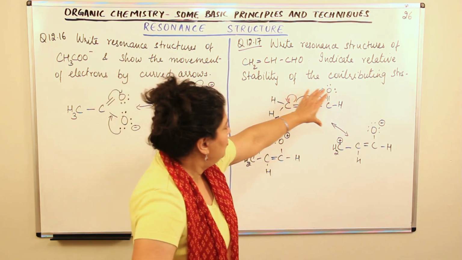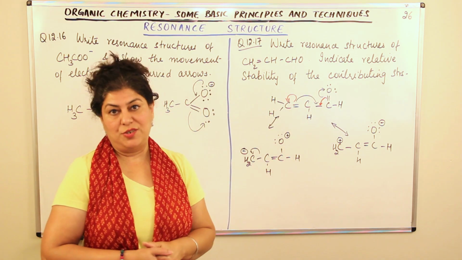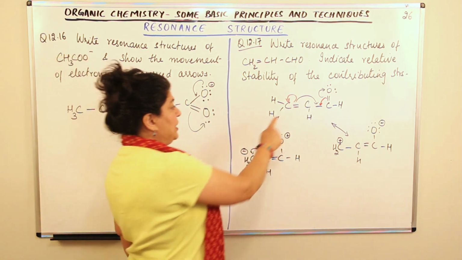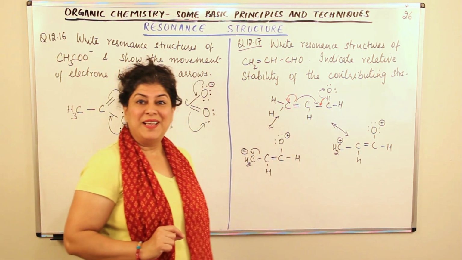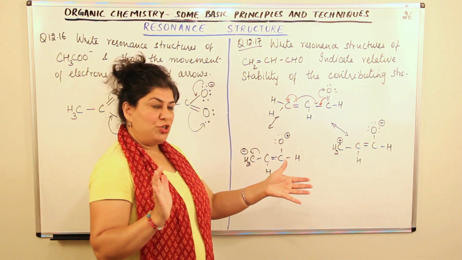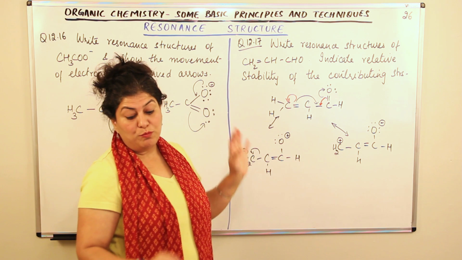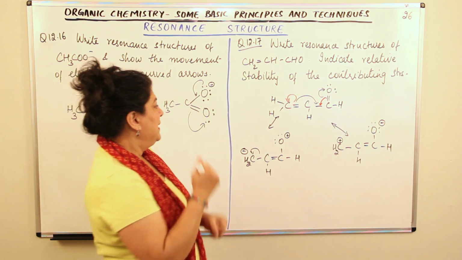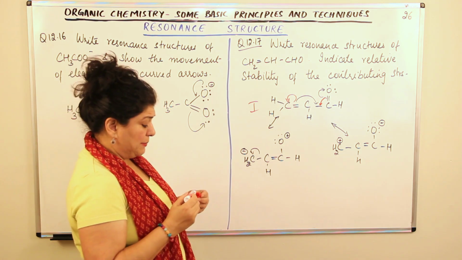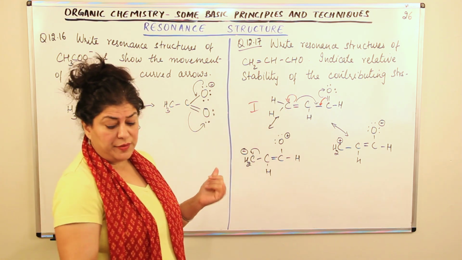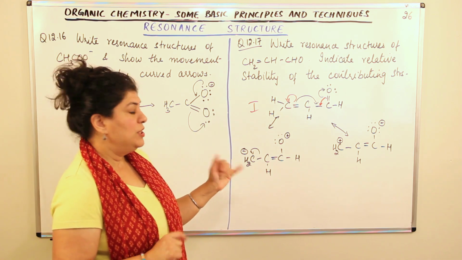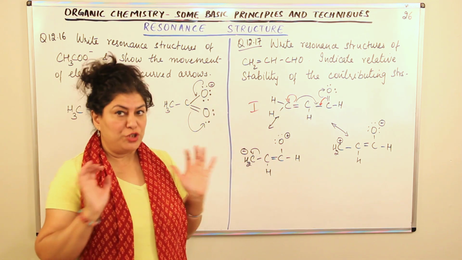We see in this structure there is no separation of charges, right? And it has more number of covalent bonds. Do you see it has 2 double bonds? So it has more number of covalent bonds, there is no separation of charges, therefore this one is the most stable. So in stability, this is number 1. Most stable structure, because it has a maximum number of covalent bonds and there is no separation of charges.